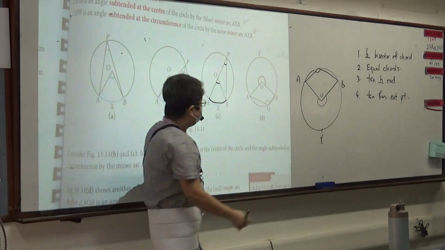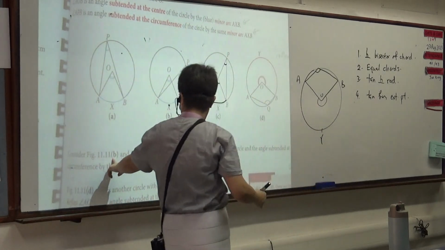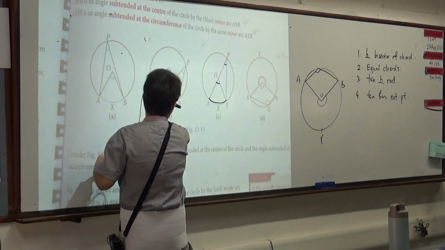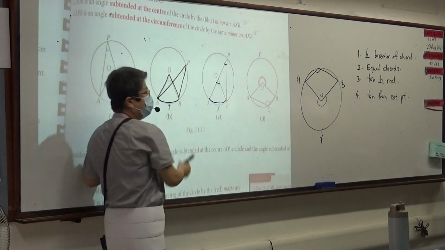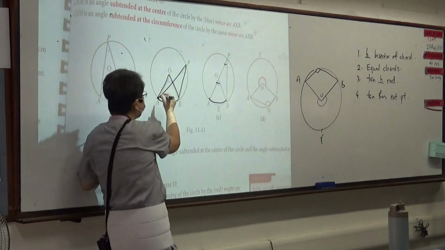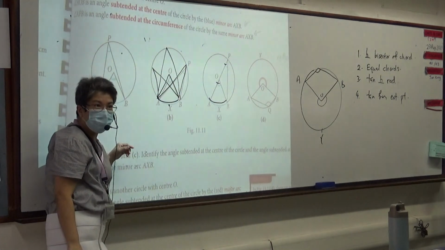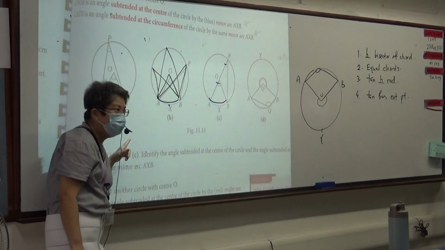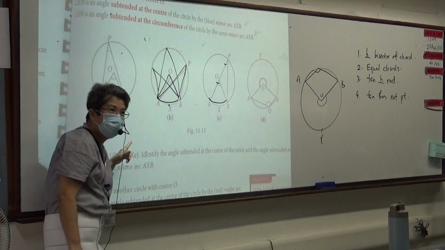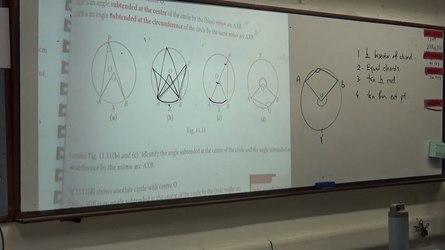Yes or no? Now, AX and C. Okay, this one. Here. So this is the angle at the center. This will be the angle at the circumference. Can you see that I can have many angles at the circumference? As long as they start and end at the same points on the arc itself. Everybody clear? Okay? So this is what we call angle at the center and angle at the circumference.